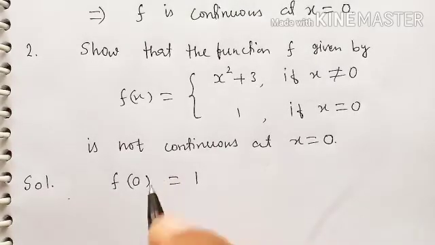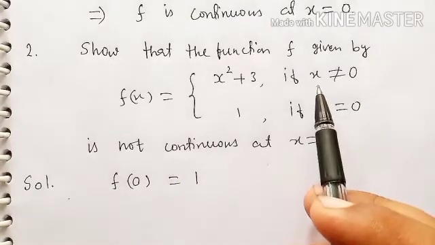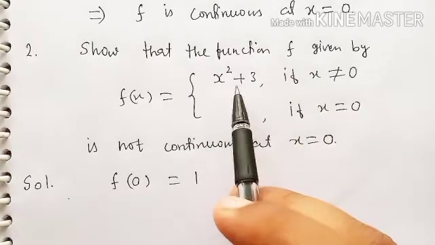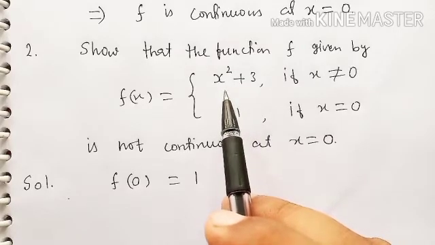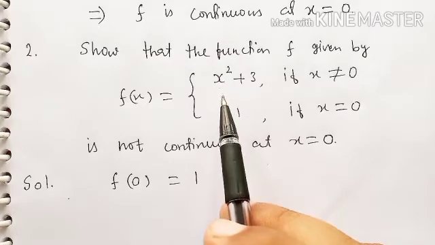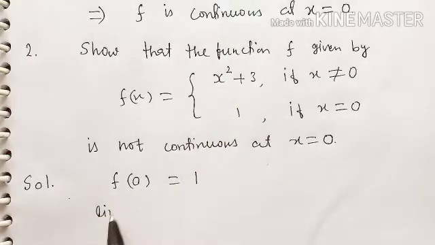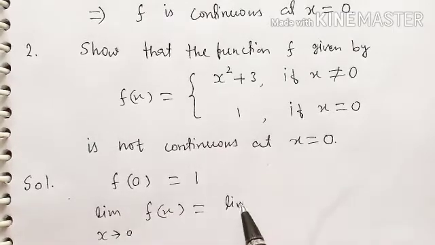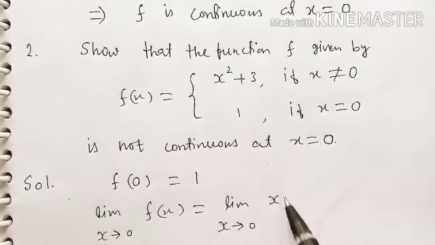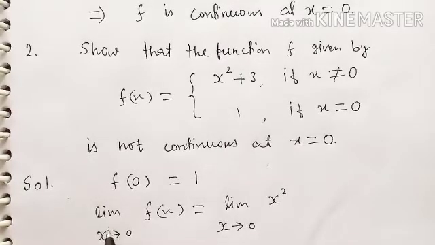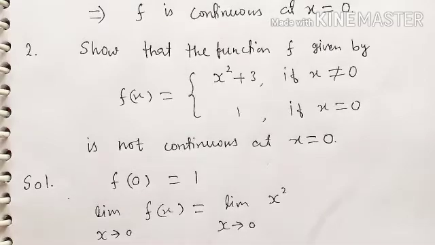Now let us discuss the limit. Here for both sides of 0, that is for the left side and right side of 0, this is the value of f(x), so there is no need to write left hand limit and right hand limit separately. Directly we will write limit x tends to 0 f(x). Here x tends to 0 but x is not equal to 0. So x square plus 3.